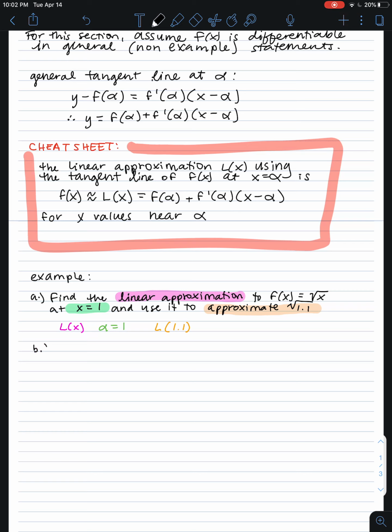And then for part B, we're going to use the same linear approximation to estimate the square root of 0.1. Okay?